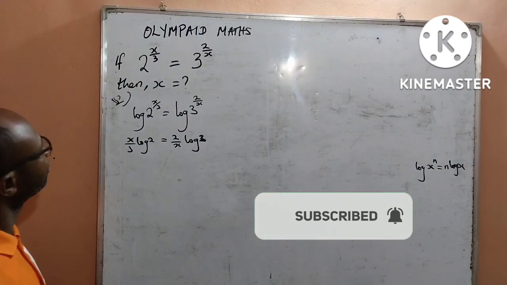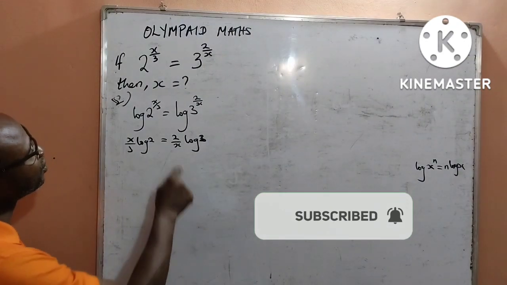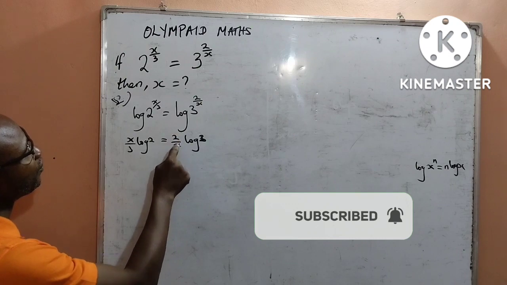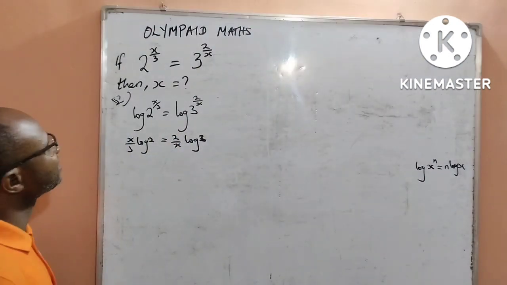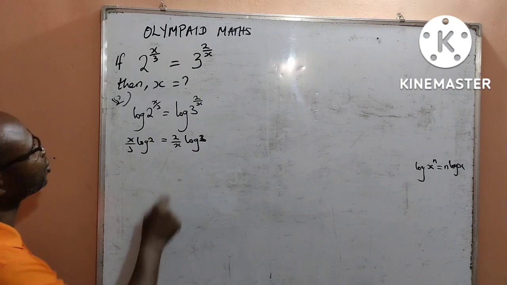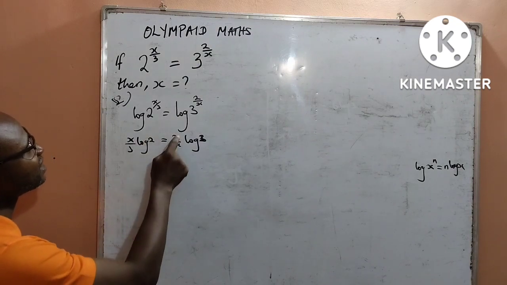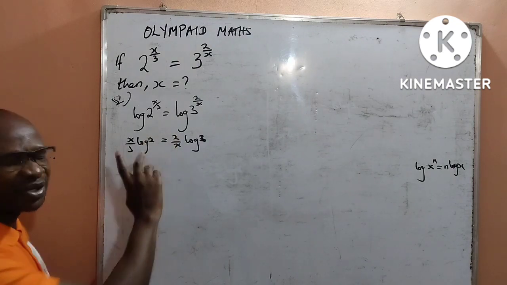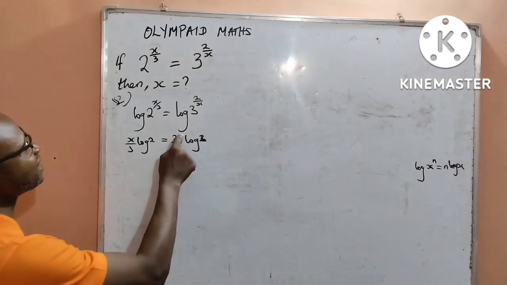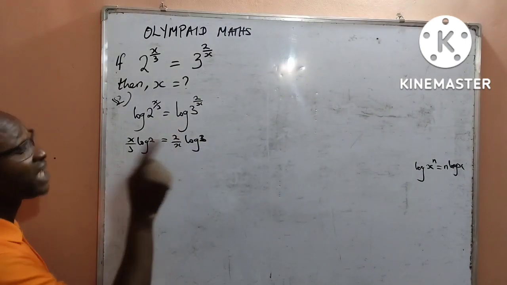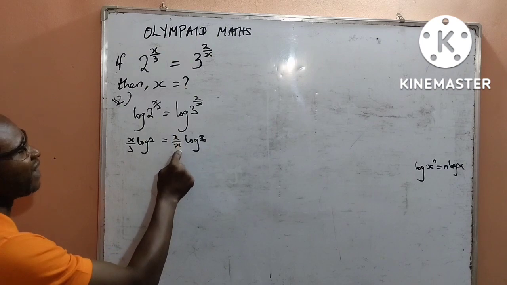The next thing I will do, I want to remove this 2 over x from the right hand side. To do that, I will multiply both sides by x over 2, in order to remove this 2 over x.